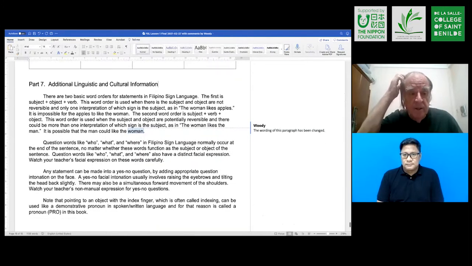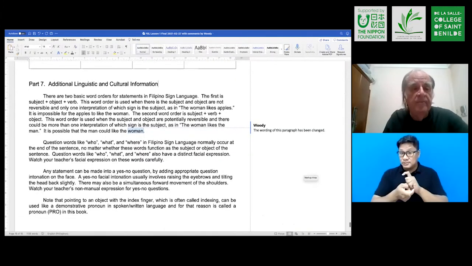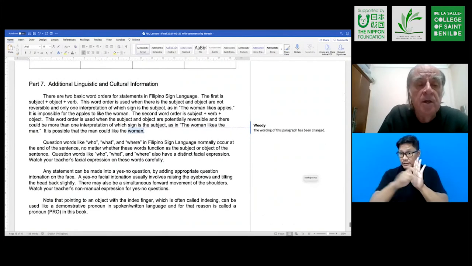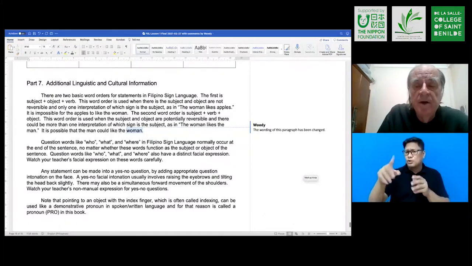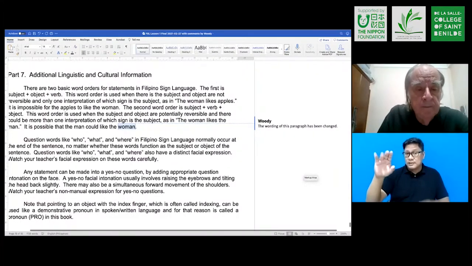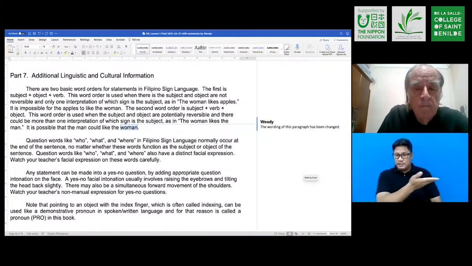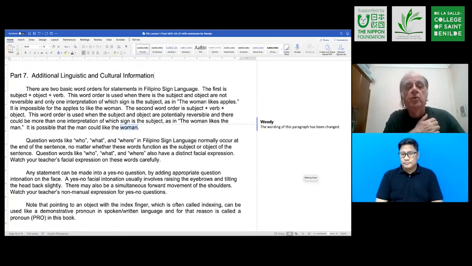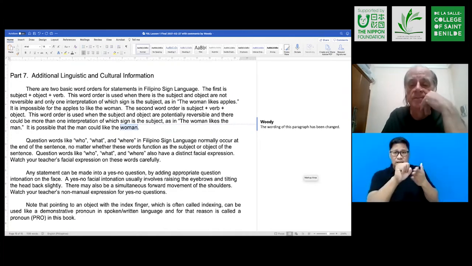So I've changed the writing of the first paragraph, so make sure you include the first paragraph as written here. Because when I originally wrote this, we were only looking at subject, object, verb word order.